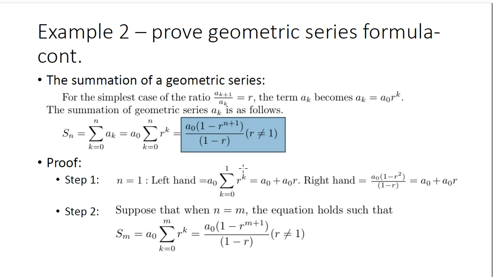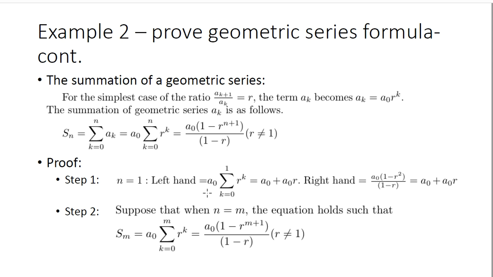So for the left hand side, if you replace n with 1, then the left hand side is a sub 0 times the sum of r to the power k, k equals 0 to 1, which has two elements.